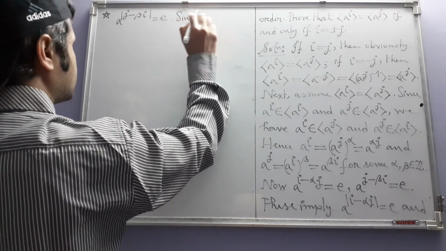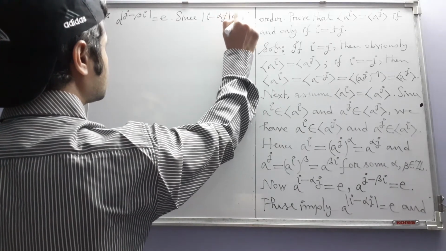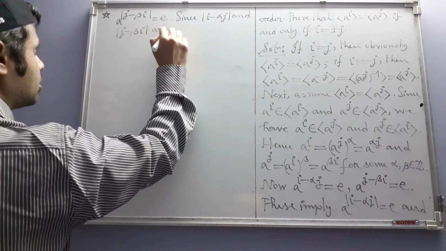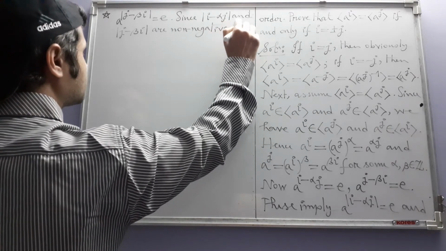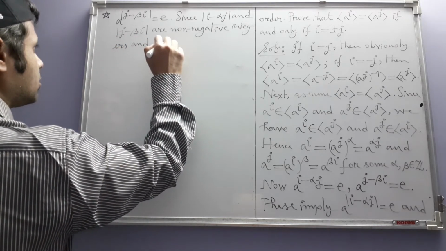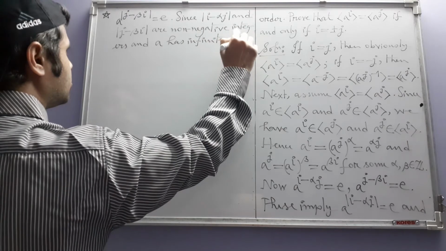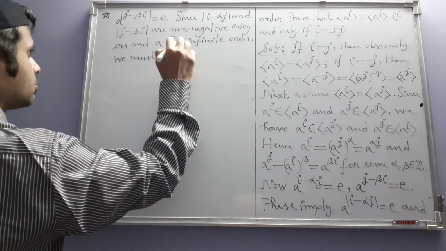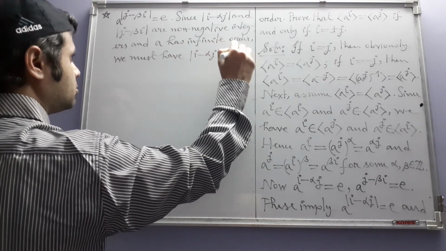Since the absolute values of i minus alpha j and j minus beta i are non-negative integers and a has infinite order, we must have both of these equal to 0.